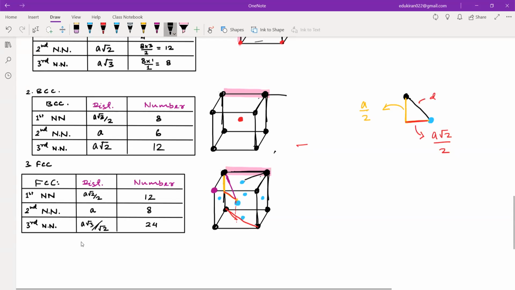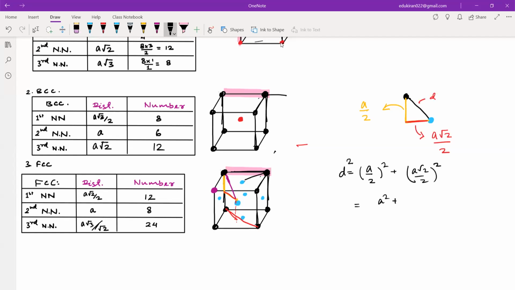And this is the distance. So you want to find the distance. Distance square will be equal to a by 2 whole square plus a root 2 by 2 whole square, right? So this will be a square plus 2a square, whole divided by 4.